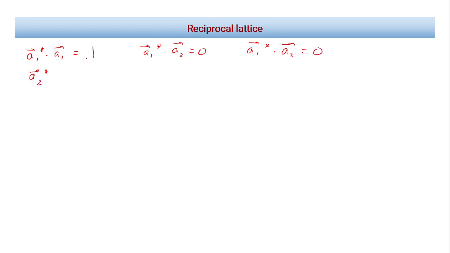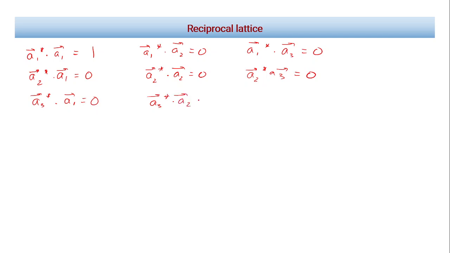A1 star, A2 star, A3 star are all reciprocal lattice vectors, which we just introduced, and we are telling how they are related with direct lattice vectors. A2 star dot A1 is 0, A2 star dot A2 is equal to 1, A2 star dot A3 is equal to 0, A3 star dot A1 is 0, A3 star dot A2 is equal to 0, A3 star dot A3 is equal to 1.